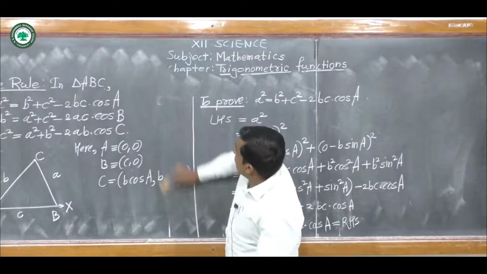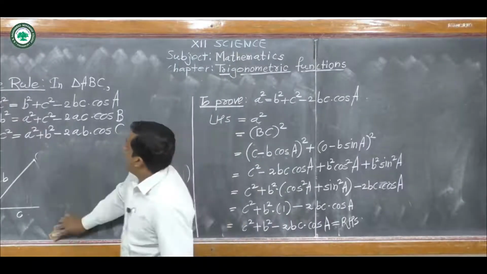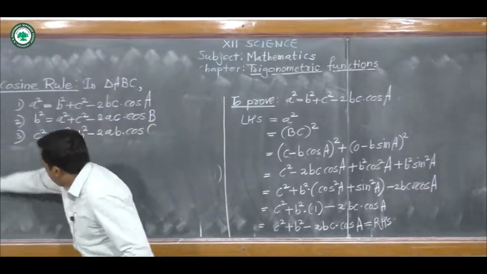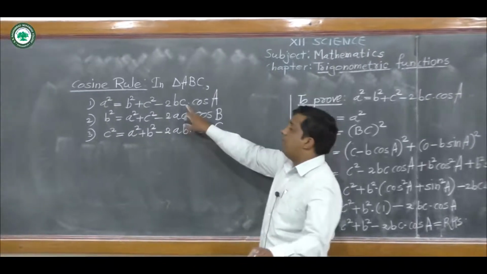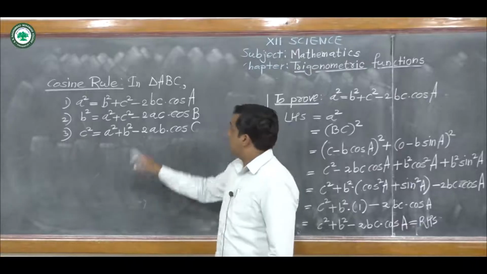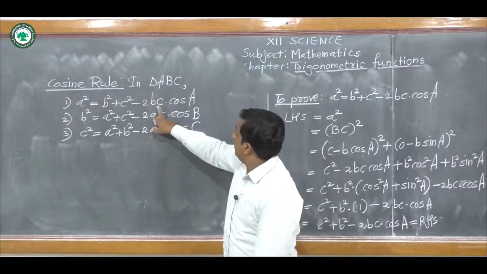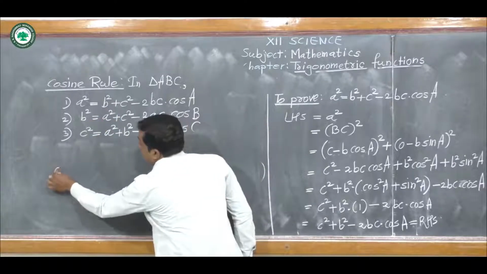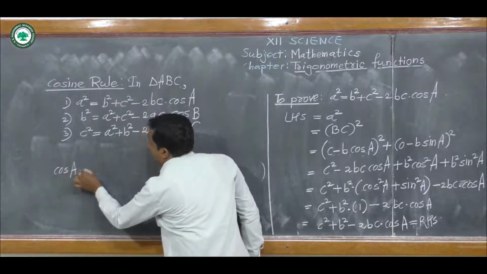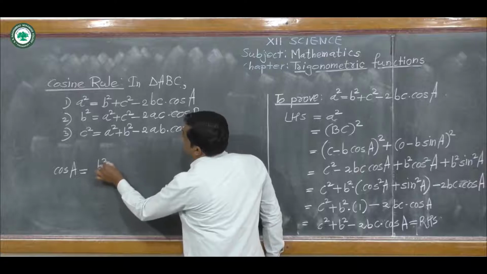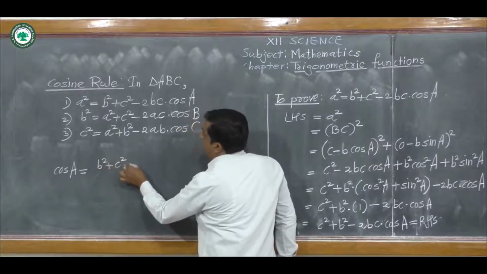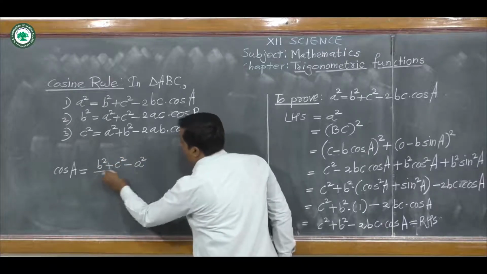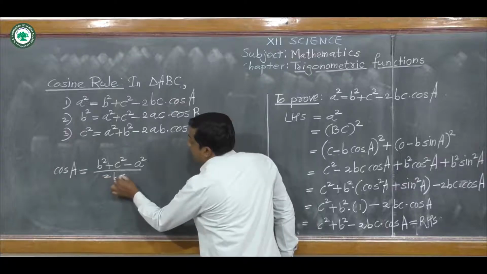We consider some remarks related to this cosine rule. Let us consider our first point. By using the first relation, we write cos A separately as (b square plus c square minus a square) upon 2bc.